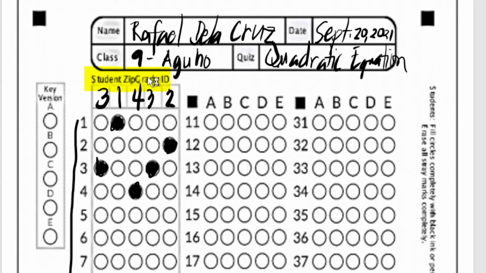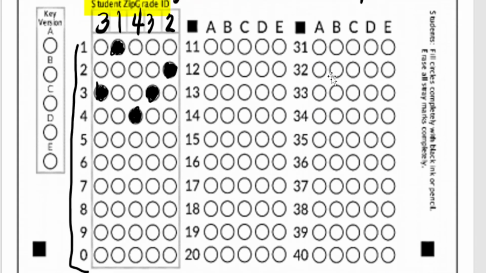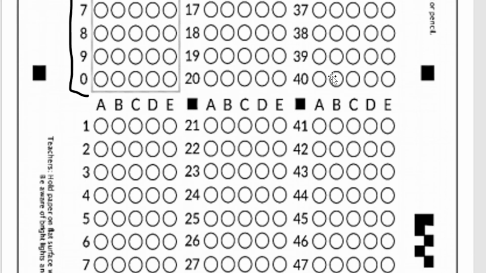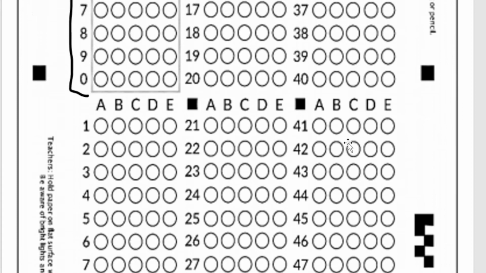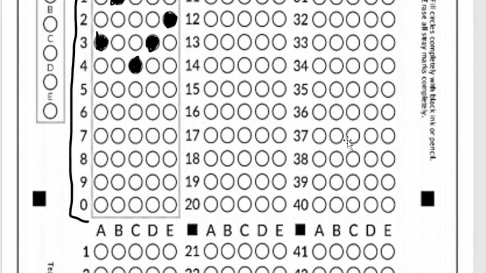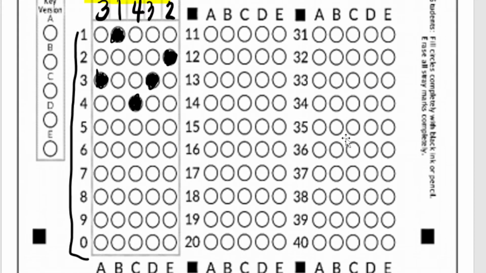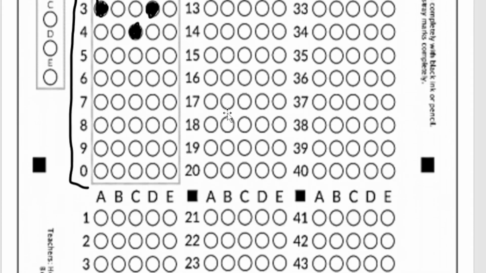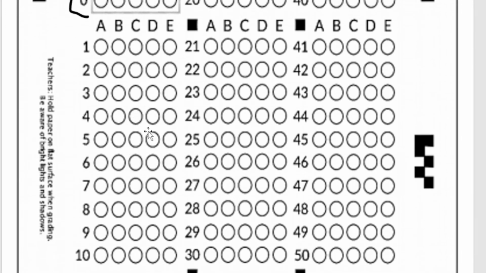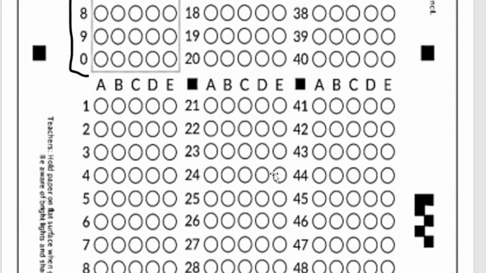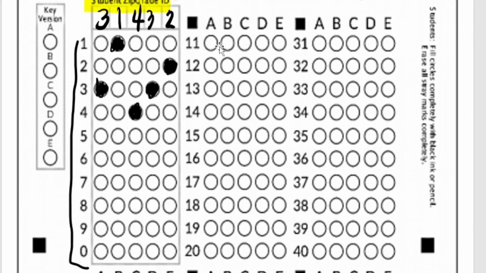Now, how to work with the items. As you notice, we have here a 50 item test, but in most cases your teacher gives only 20 items, so there's no worry about it as long as you could answer everything. This part is item 1 to 10, item 11 to 20.